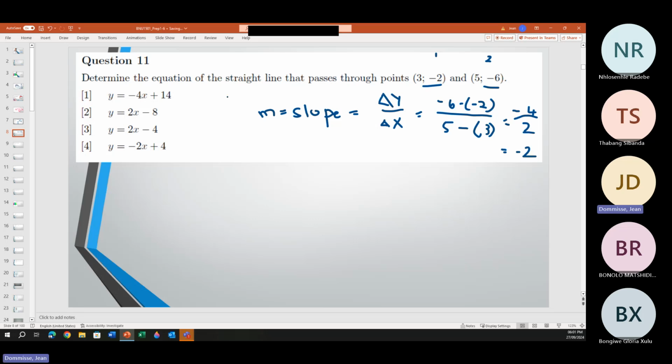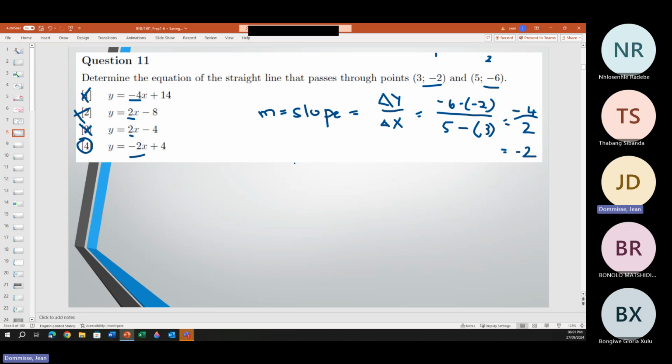So now I can go and check, okay, it's not minus 4, it's not positive 4, positive 2, not positive 2. So I know just by looking at the slope that my answer would have been option 4.